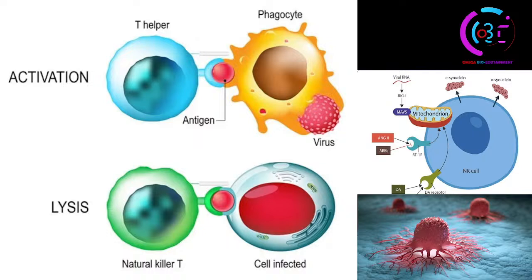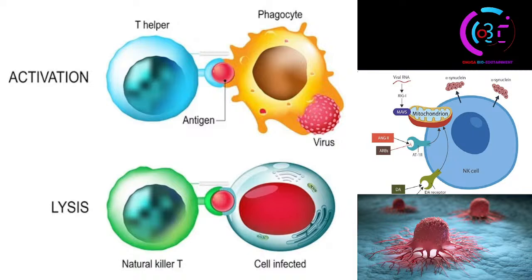Don't forget, glyco from glucose and protein from protein. That means a protein that contains glucose on it. What do they normally use this for? They use it for cell-to-cell communication, recognition, and signal transduction as well, because that's what they use to recognize.